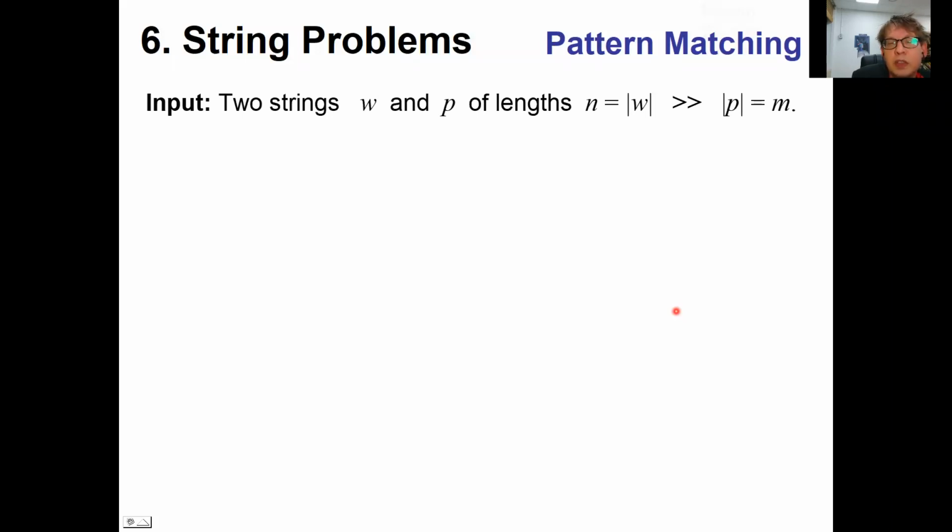And the other one, the short string, imagine this to be the pattern. For example, we have a very long novel by Thomas Mann, and in that novel, we want to find all occurrences of a certain character.